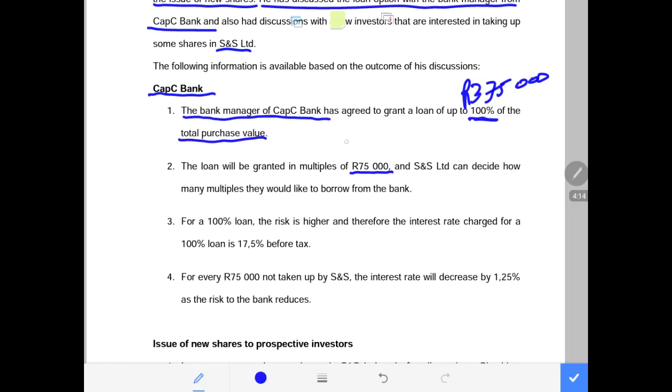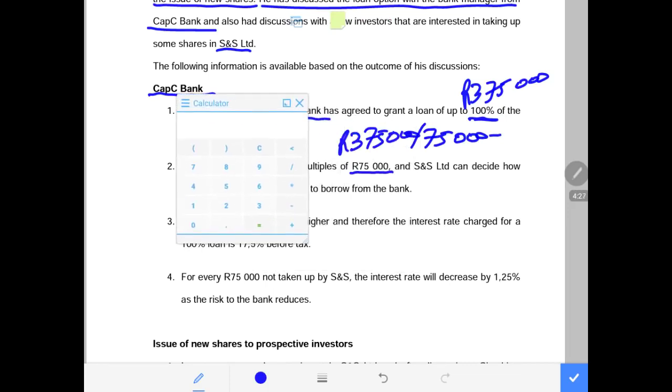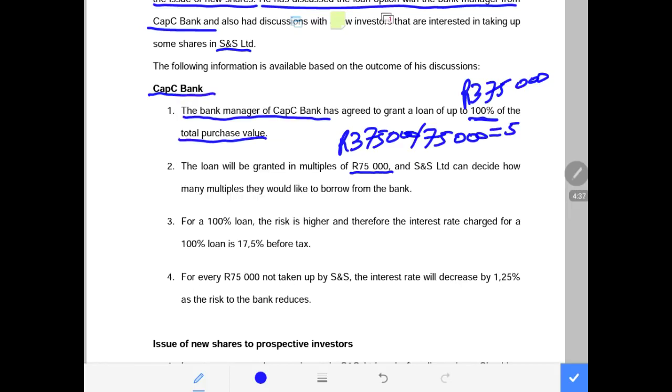Meaning, if it is in multiples of 75,000, it means 375,000 divided by 75,000 will give us the number of 75,000s that are inside 375,000. So 375,000 divided by 75,000 tells us that there are 5 multiples of 75,000 inside the 375,000 rands that can be borrowed by S&S or Simpiwe on behalf of S&S Ltd in order to finance this new equipment.